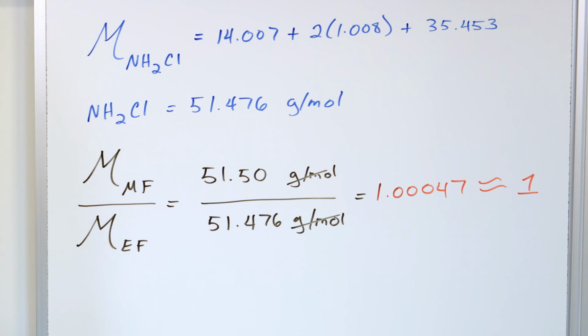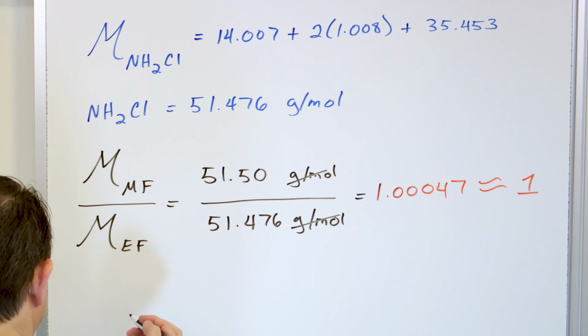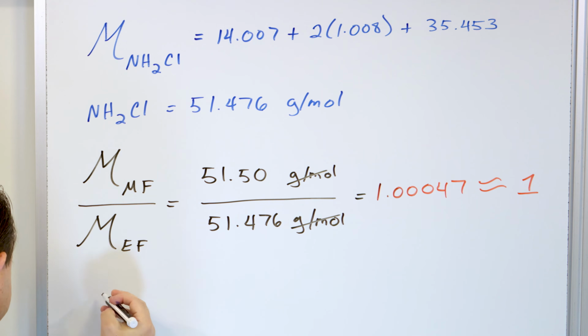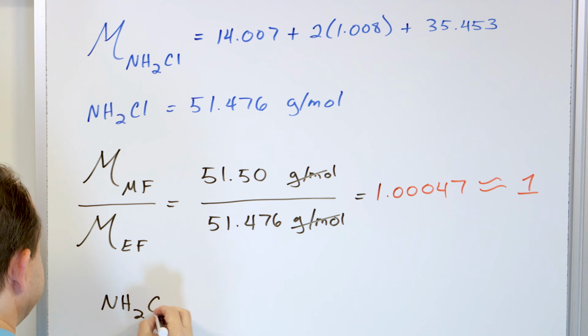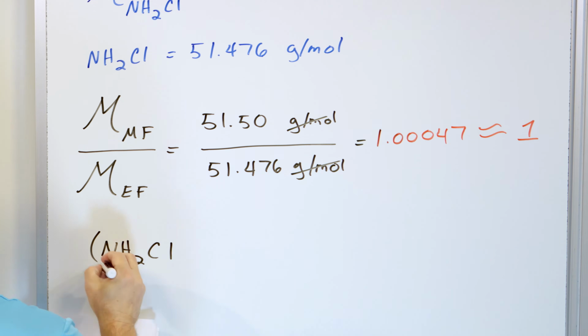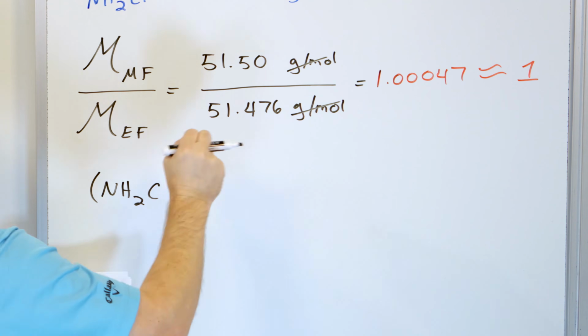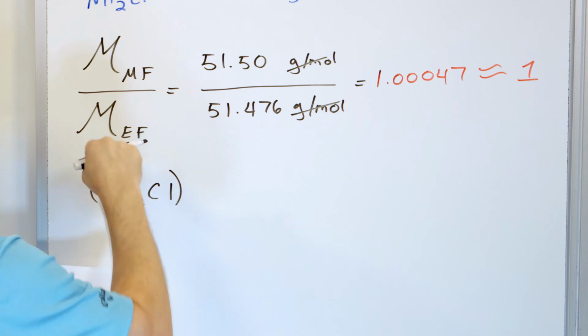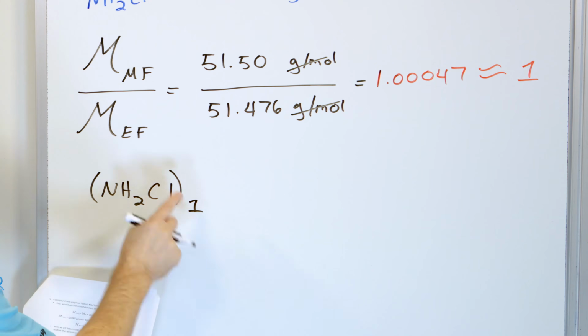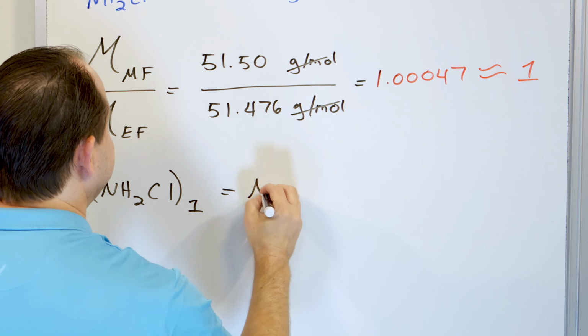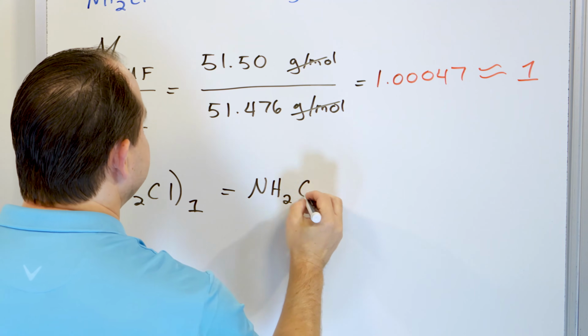So the way you can write this, if you want to be a little more clear about it, is you can write down the empirical formula, NH2Cl. Since we know that the multiple involved between the two is just 1, you can wrap it in parentheses and put the number 1 and basically say this is the same thing as NH2Cl.